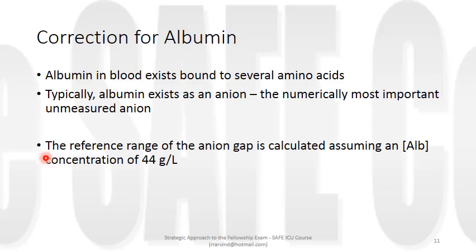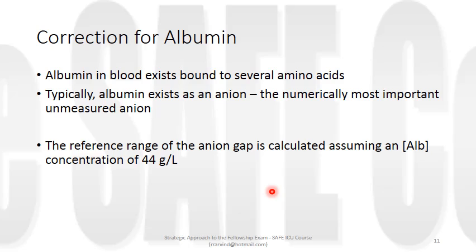The reference range of the anion gap, the 8 to 16 or the 12 to 20 or whatever, is calculated assuming an albumin concentration of 44 grams per liter. So, okay, for simplicity, I just keep it as 40 grams per liter.